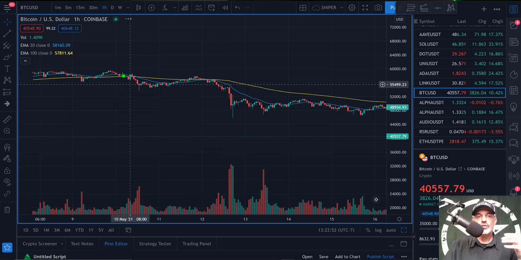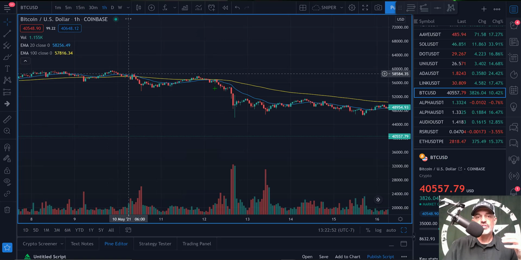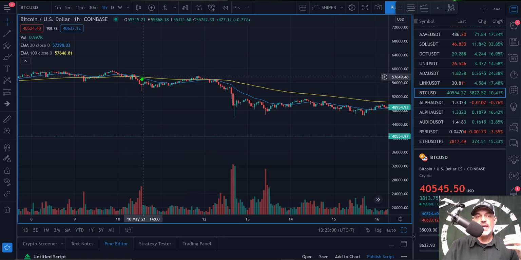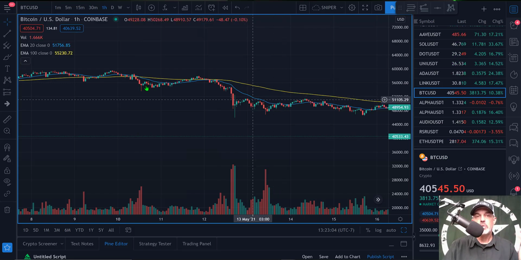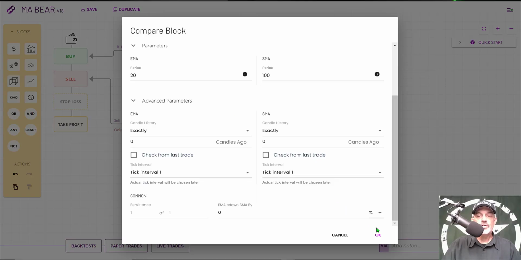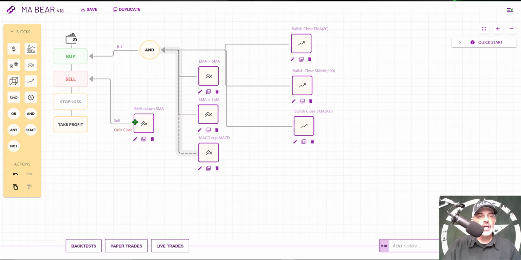The objective is to exit before it truly sells all the way off. Once the 20 crosses the 100, that indicates the price action is going to start to sell off, and we want out. So that box is configured and ready to go. It's also connected directly to the sell block.